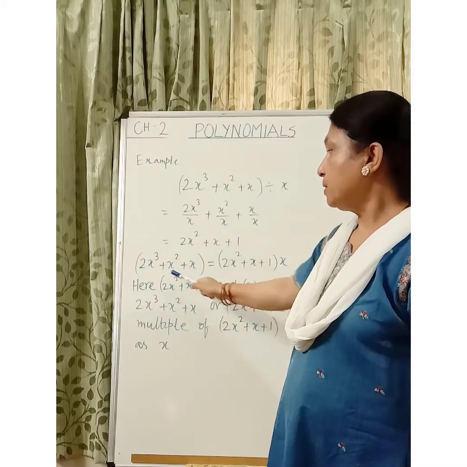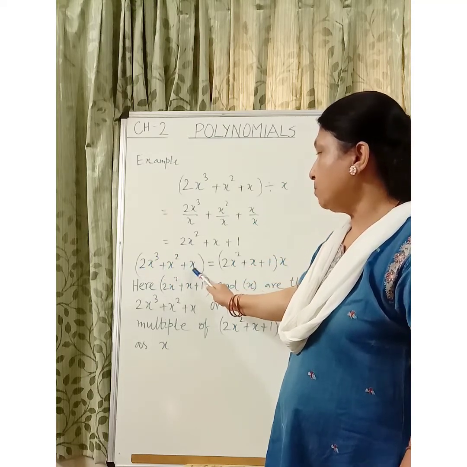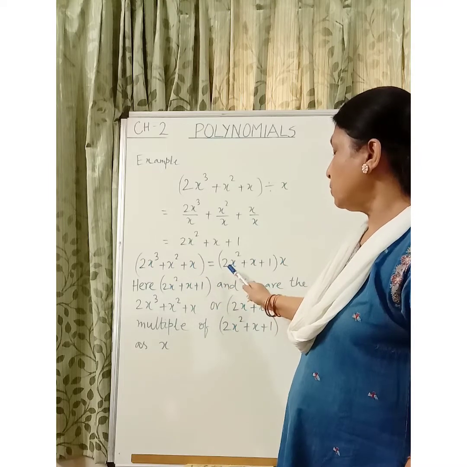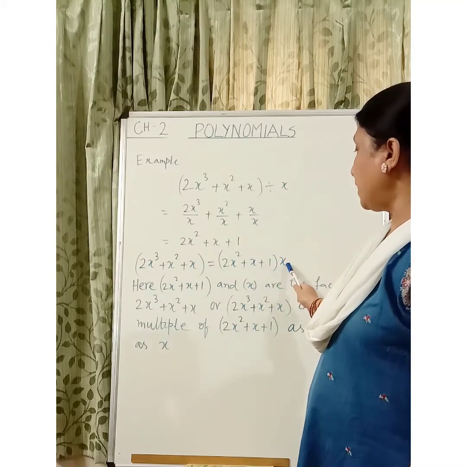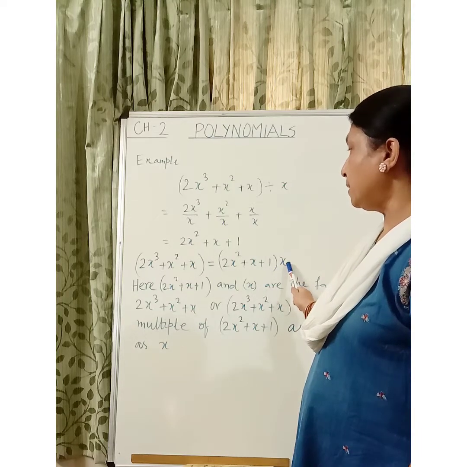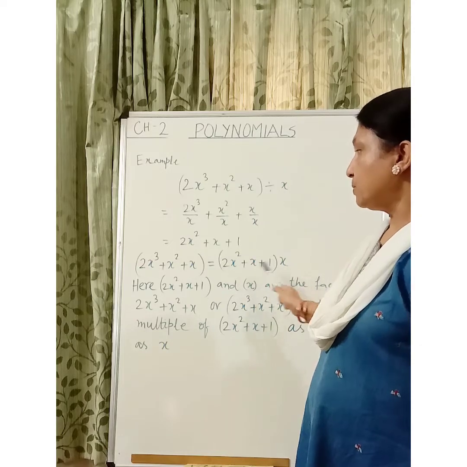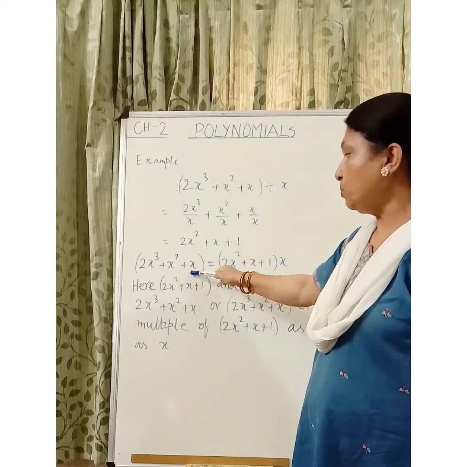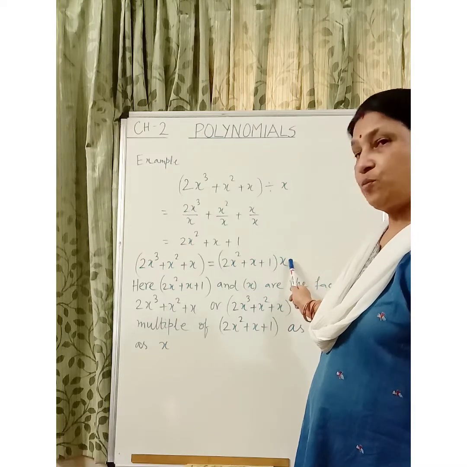So here we can write 2x cubed plus x squared plus x is equal to 2x squared plus x plus 1 multiplied by x. And here we do not have any remainder, so the remainder is 0. So what is this? This is the dividend polynomial, this is the quotient polynomial, and x is the divisor polynomial.